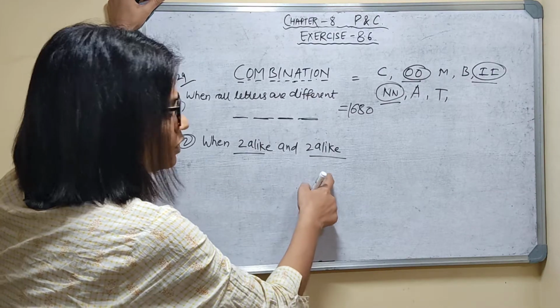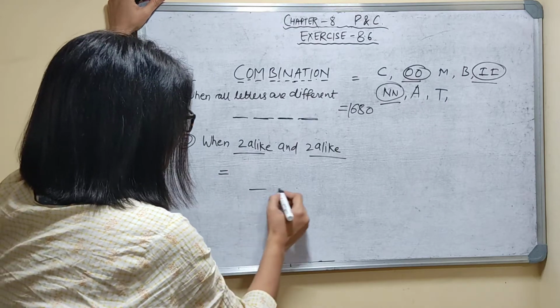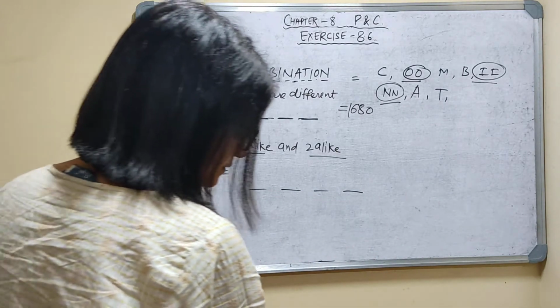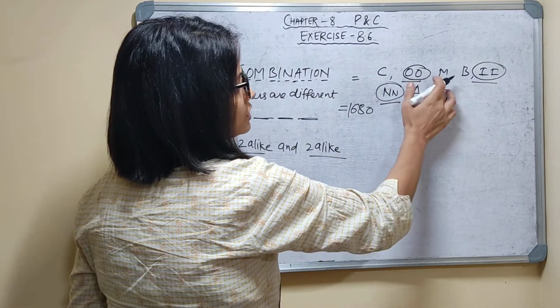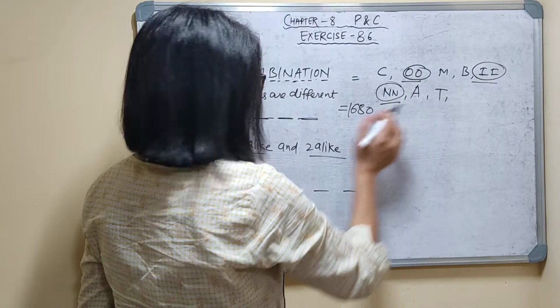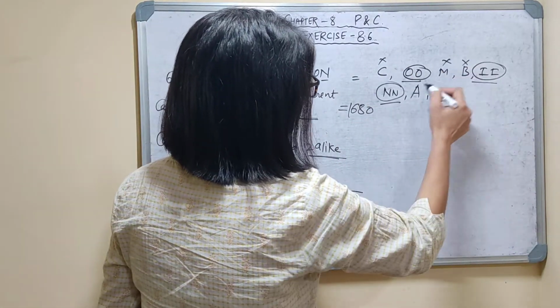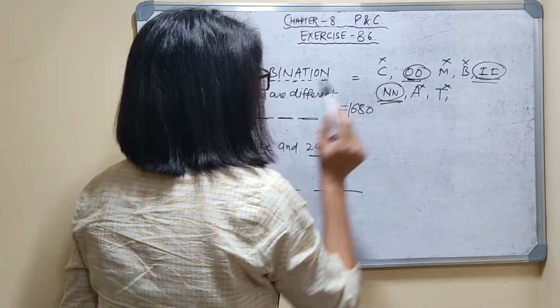So I will write 1, 2, 3, 4: 2 alike and 2 alike. But I can't take pairs from the single letters. I can take only from these repeated letters: O, I, N. 1, 2, 3 pairs are there.